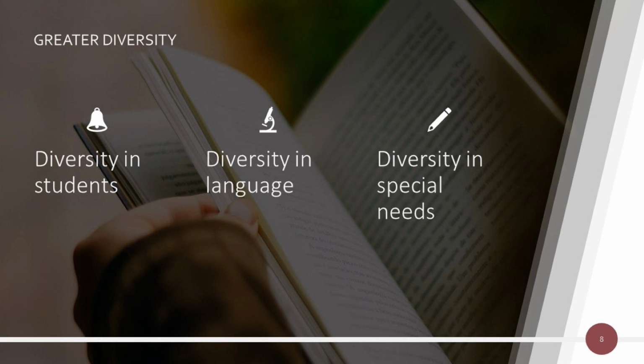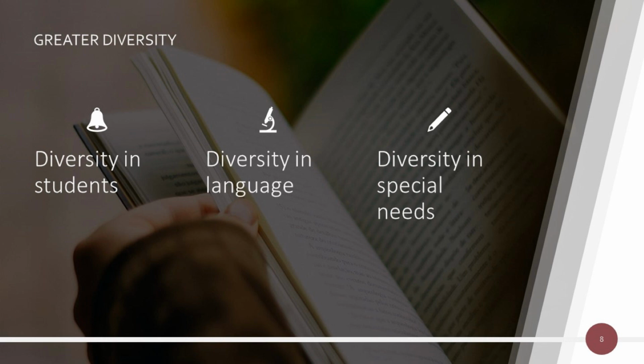Now, more than ever, teachers are likely to serve students with diverse language backgrounds, diverse nationality backgrounds, to serve more individuals with special needs, and to teach students either younger or older than have traditionally been considered eligible for education in the past.